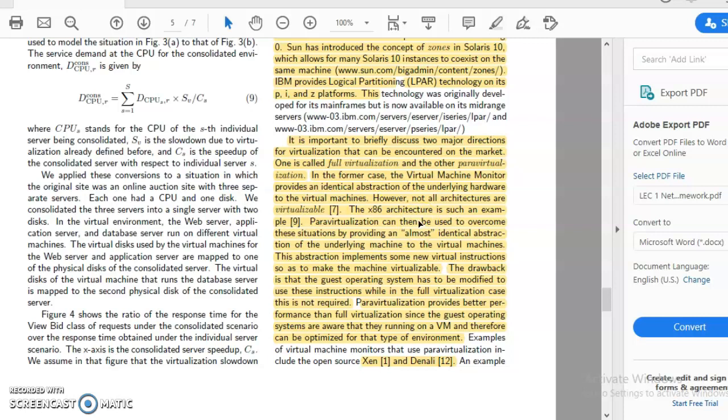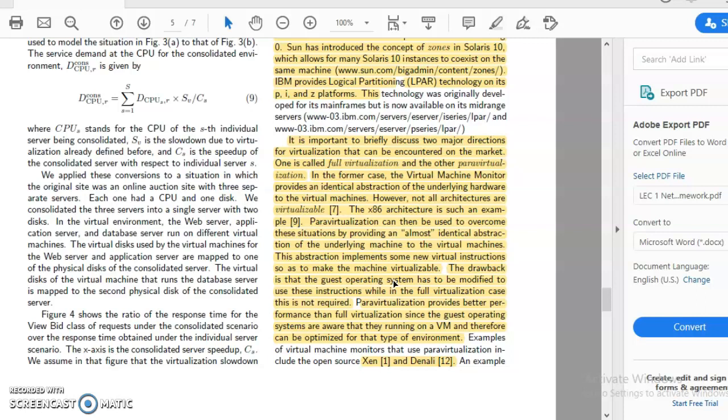So in para virtualization, if a machine is not able to become virtualizable, then the guest operating system will be modified so that virtualization can be encompassed for that particular machine.